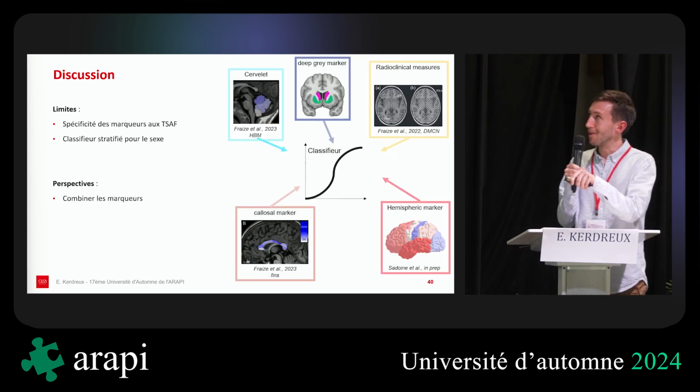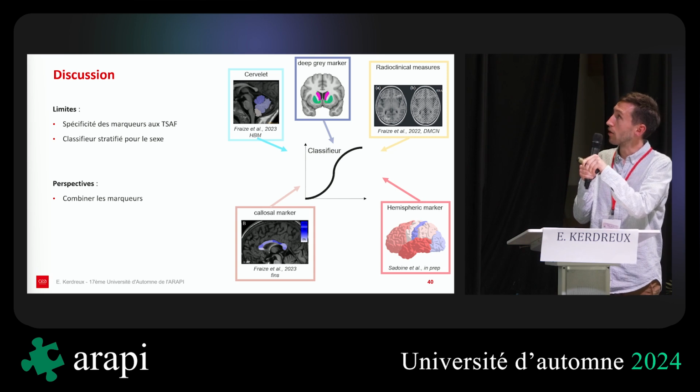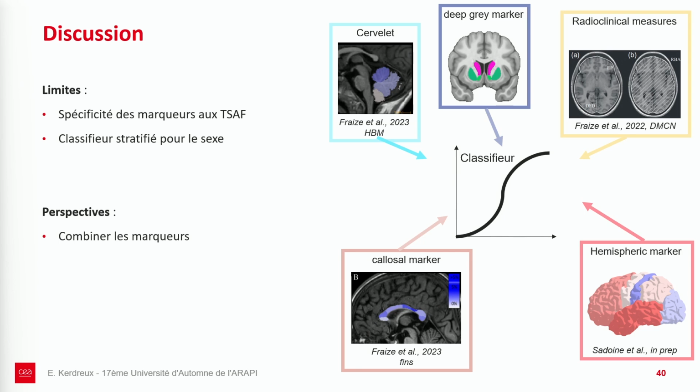So what we would like to do is show a gradient in the cerebellum. We have papers that show markers on radioclinical measures or callosal markers, and we would like to combine all of these markers to train a whole-brain classifier.